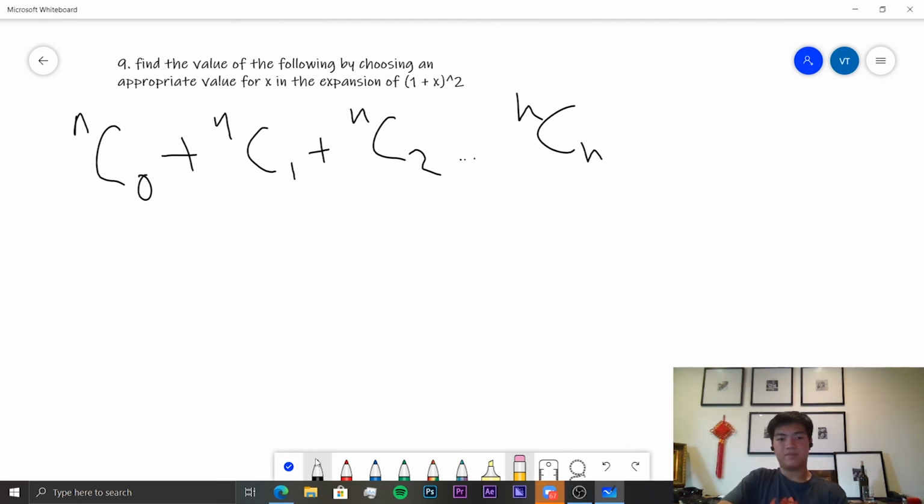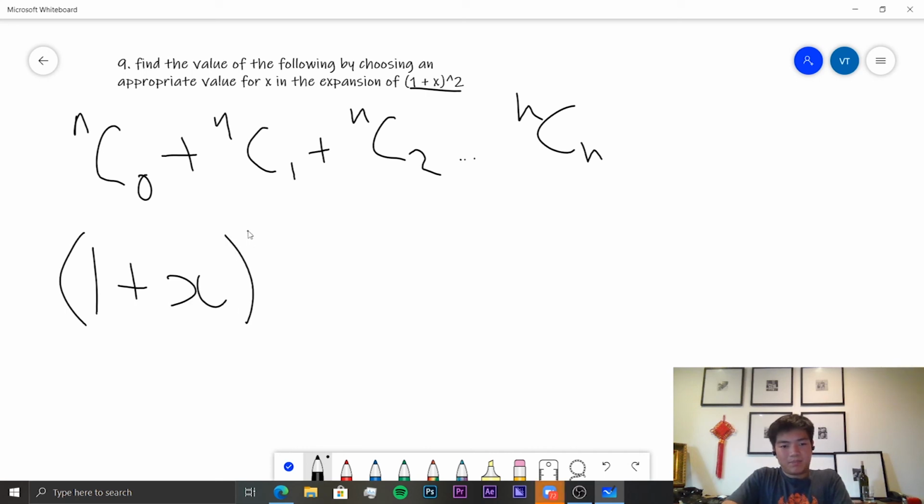Well, we know this is, oh wait, it's giving us this. Okay, so we have 1 plus x squared. This should be just squared. So we have 1 plus x squared, and we need to find the value. Oh, 1 plus x to the n. That's why.